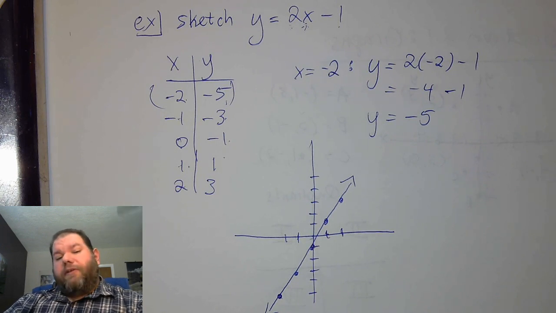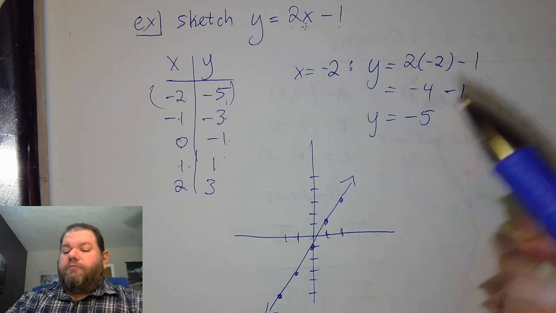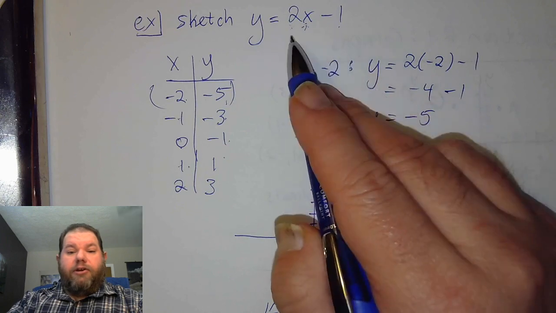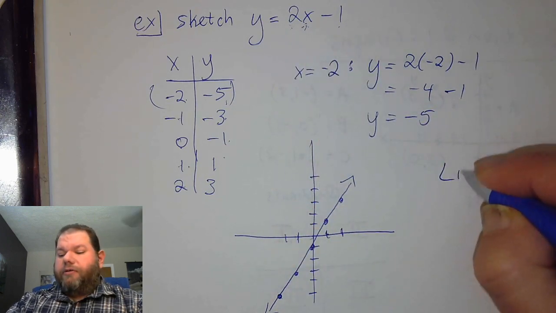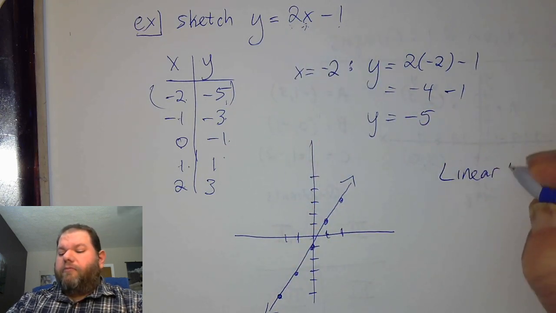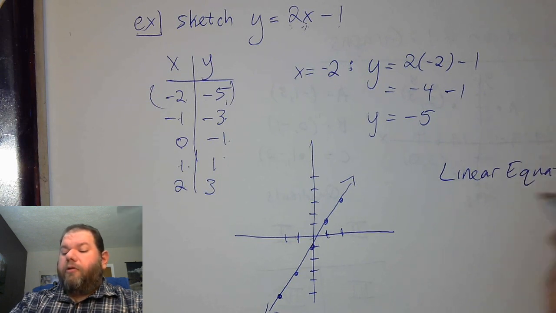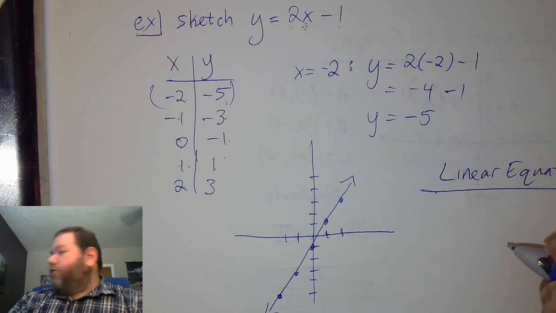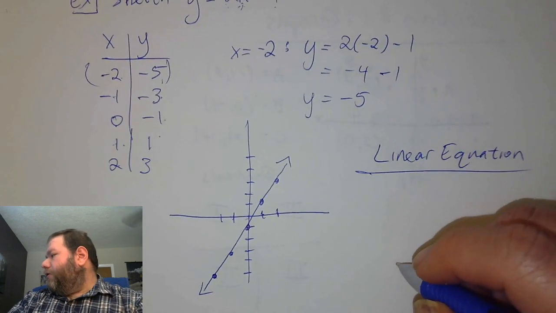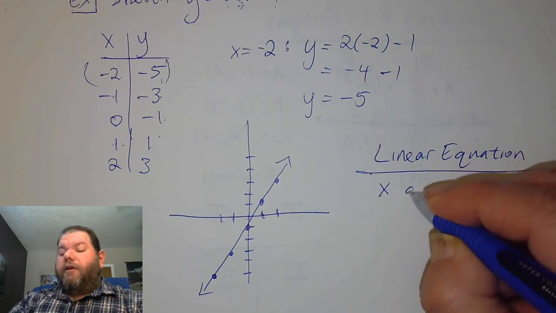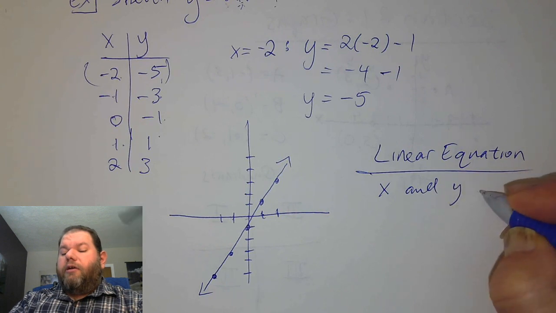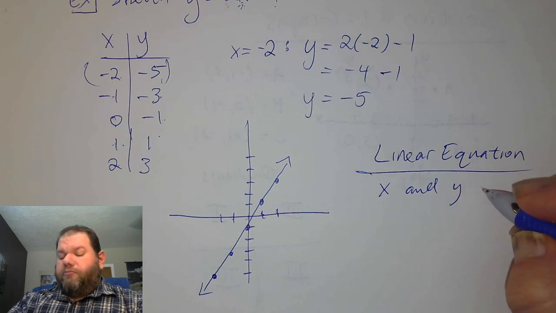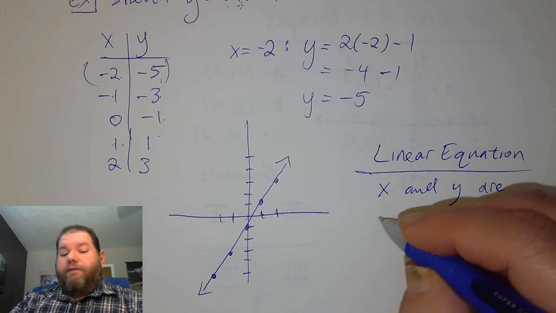These 5 points actually all end up on a straight line. This is what we call a linear equation. A linear equation is one in which x and y are raised to the first power.